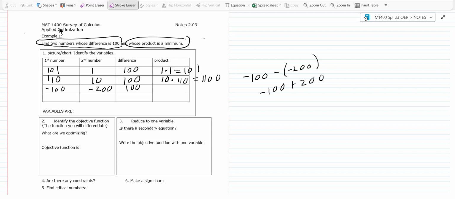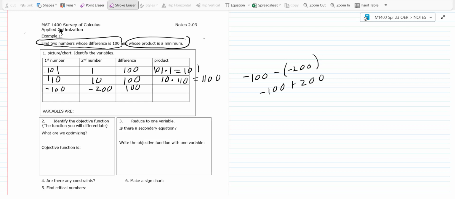Okay, yeah. I did 101 minus 1 has a difference of 100, and then the product would be 101 times 1. So I see right there, yeah, I have the product right.